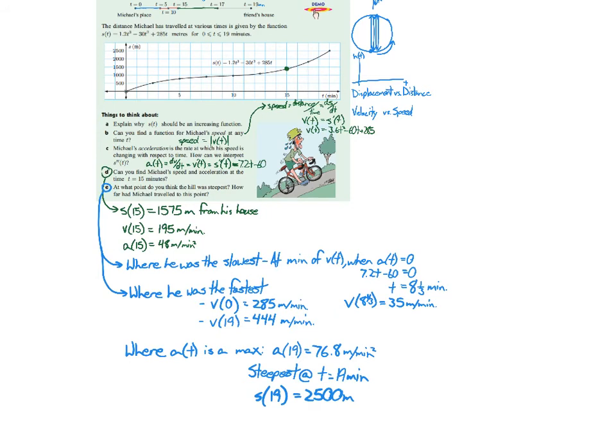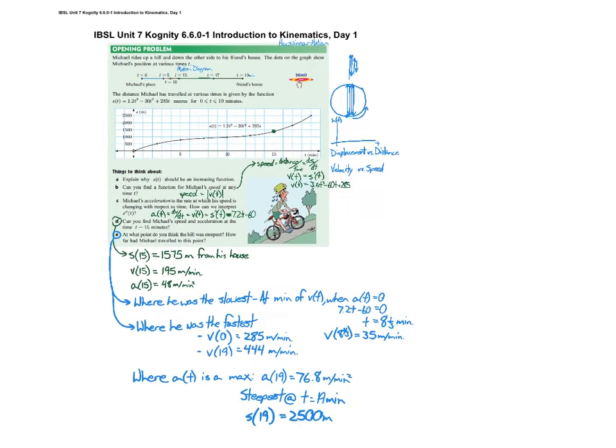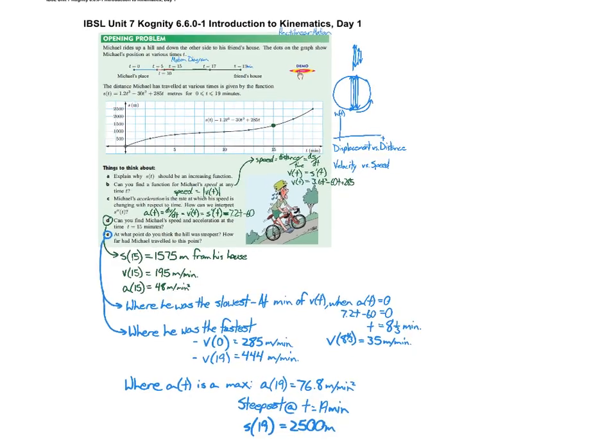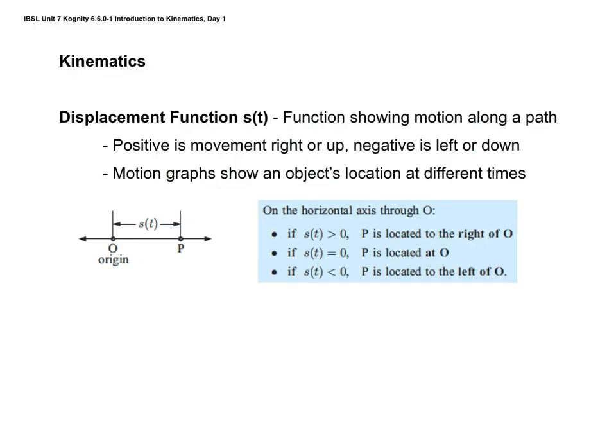Now, a lot of that, we had to really think about the situation. As we look at kinematics a lot more through the upcoming lessons, it's actually a lot more straightforward than this, and that is because of the different relationships that we're going to be able to see.